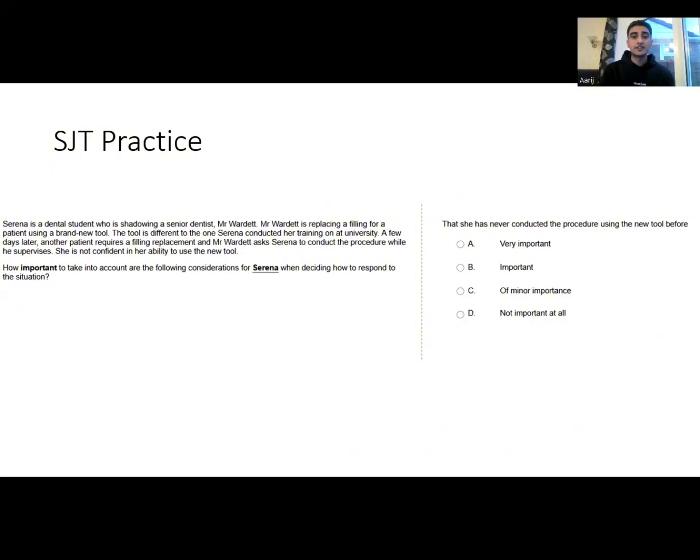For this one, I have gone for A, which is very important. And the reason I've gone for this is effectively, if you're not comfortable to use a certain tool on a patient, just don't do it. More importantly, you're putting yourself at risk. You're opening yourself up to issues with your fitness to practice, but more importantly, you're not working within your limits, are you?